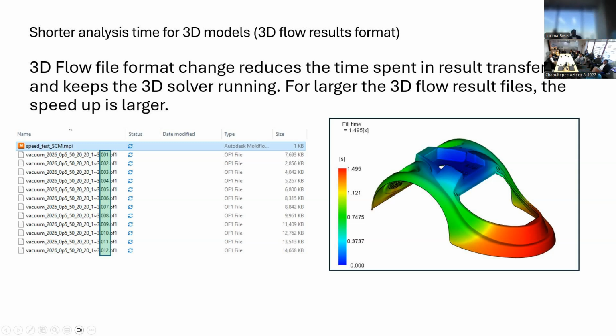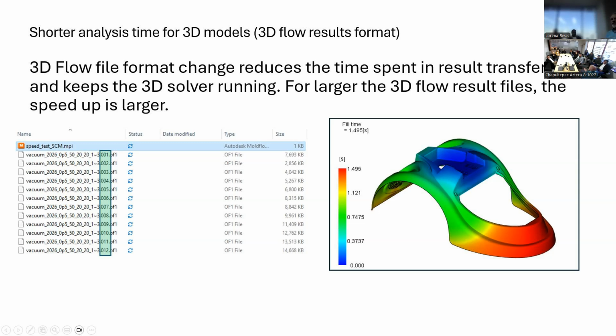Another thing we did is we spent quite a bit of time trying to speed up Moldflow 3D flow results. We did this year by basically reformatting our result data.